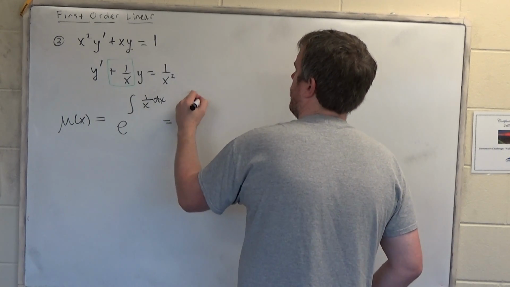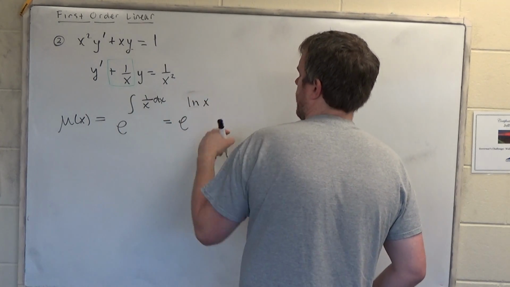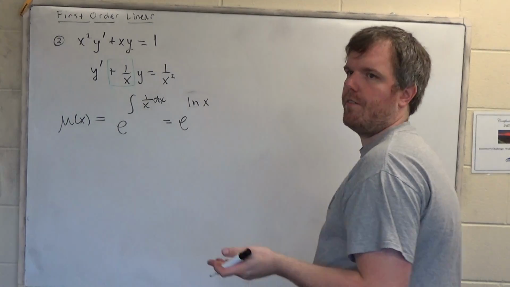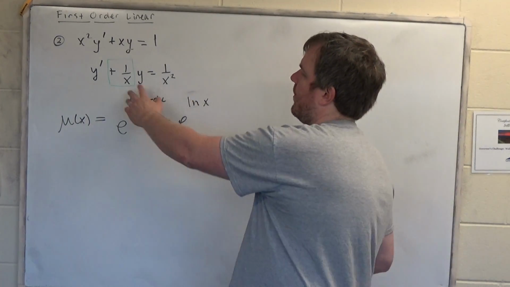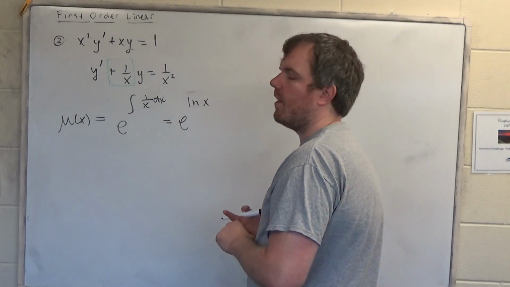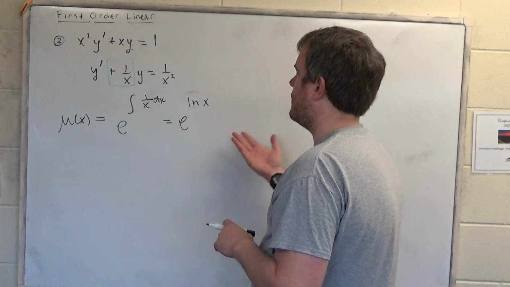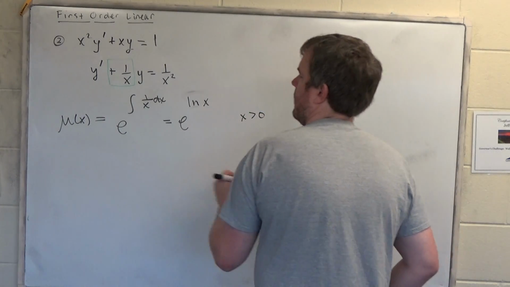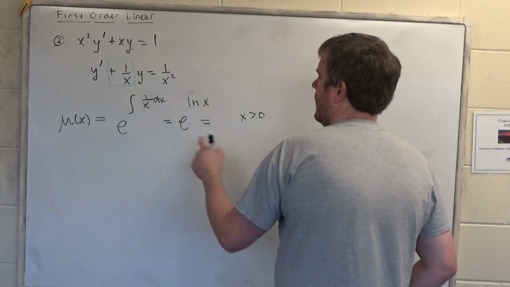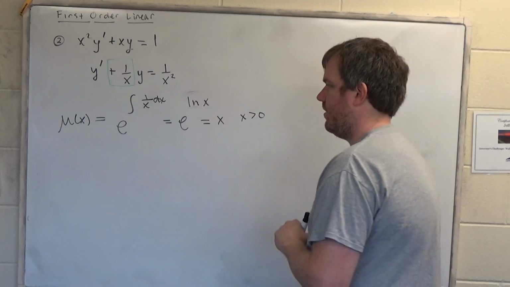In our case, we get log x. Technically, we would get log of absolute value of x, but because of what I said earlier, that the solution is only going to make sense on either positive or negative, let's just imagine that x is positive. e to the log x is just x.